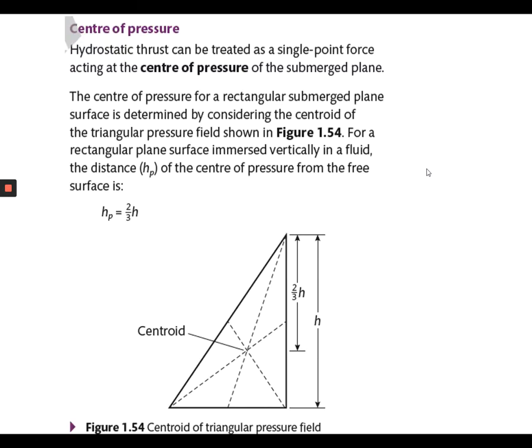So, if we have the triangle upright, you can see the centroid is 2/3 of the way down that triangle. So when we're working on hydrostatic thrust, we treat H as halfway down, or even halfway up, same thing. But for moments, we need it to act from the centroid, which is 2/3 of the way down.